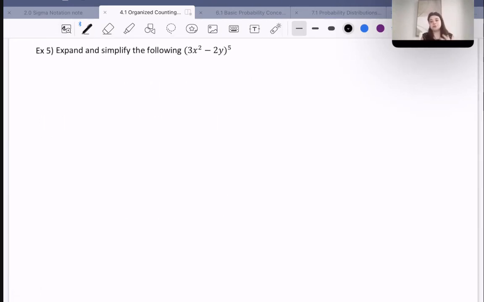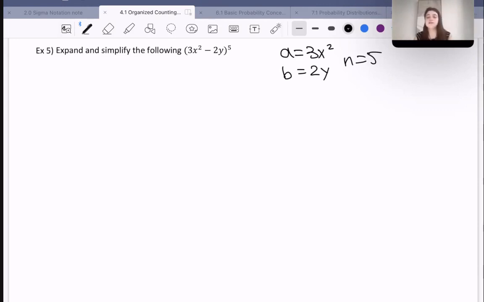This might look more challenging, more daunting, but what I want you to keep in mind is it's the same exact thing. We just have to think of a as equal to 3x squared, right? And b is equal to 2y. And that's all, right? And n is 5. So it's exactly the same thing again and again is the point I want to get across here.